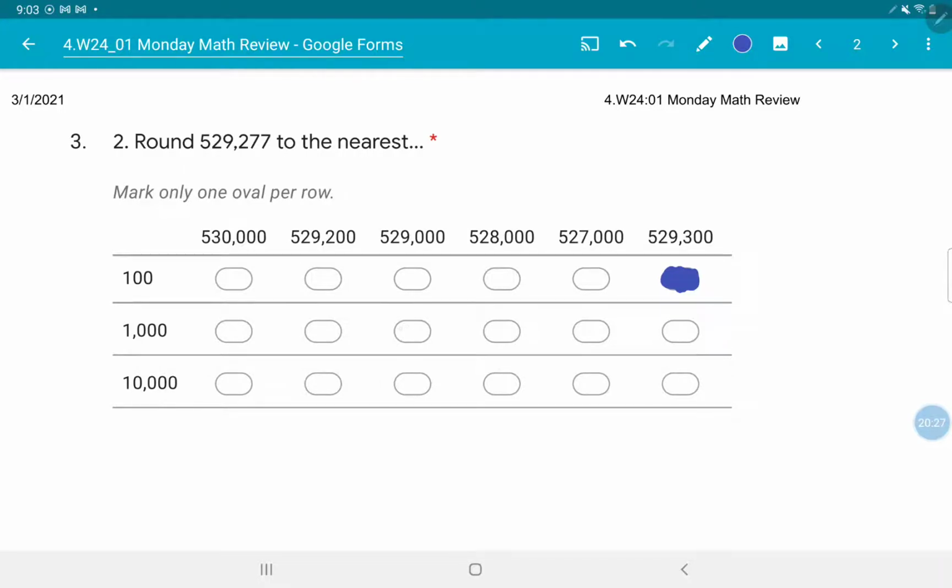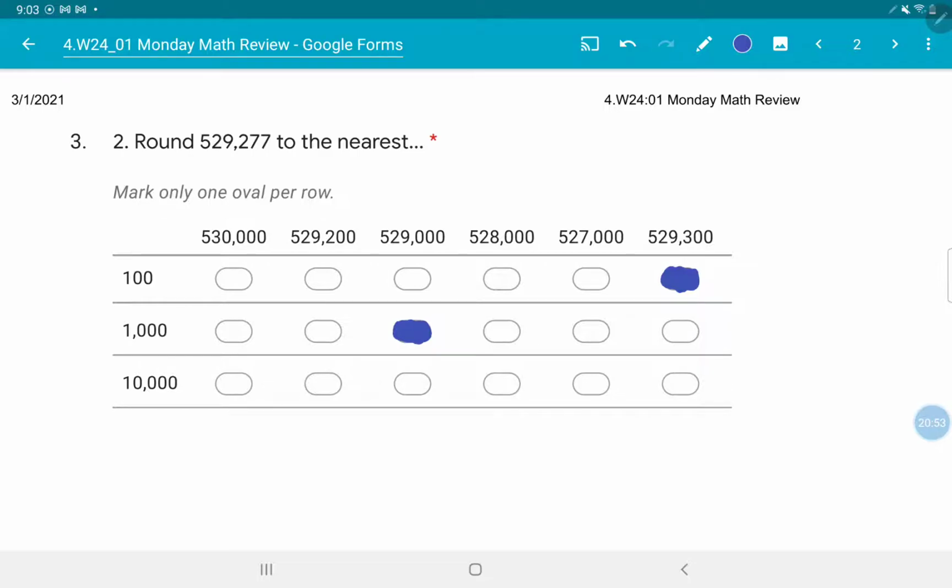Because I looked in the thousands place and then one down is 200, and then you know that it's not 500, so you'll just put all the zeros up there. Right. Exactly. 200s makes that closer to 529,000. Okay. Very good.